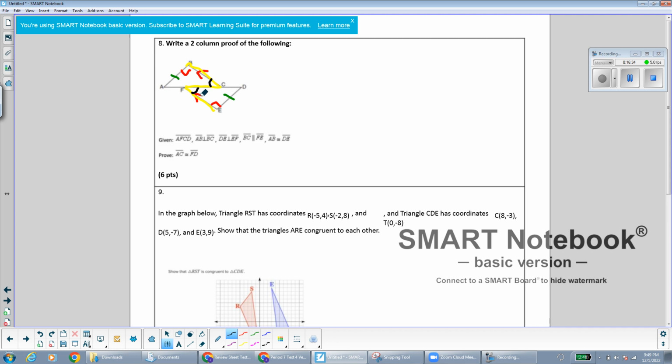So now I see that I can prove the two triangles congruent with angle, angle, side. And then once I know the triangles are congruent, I can prove AC congruent to FD using CPCTC because AC is the side of this top triangle and FD is the corresponding side to it on this bottom triangle.